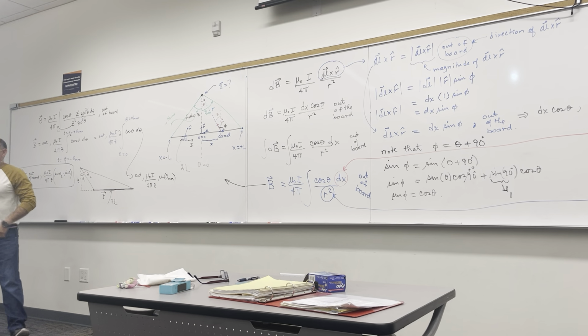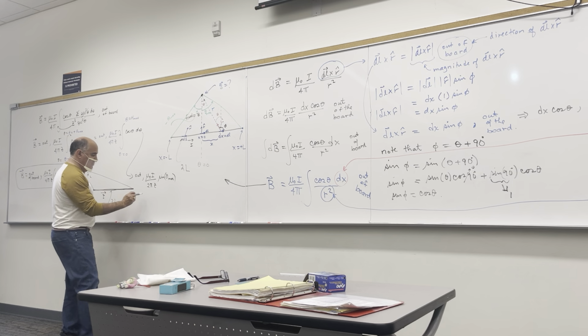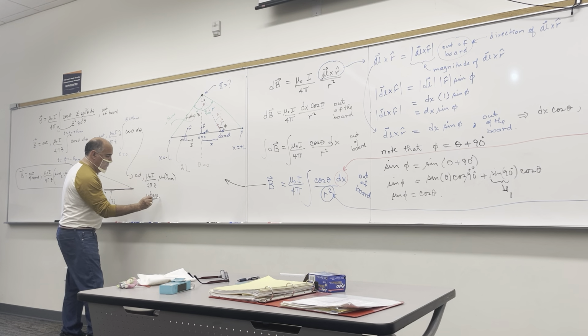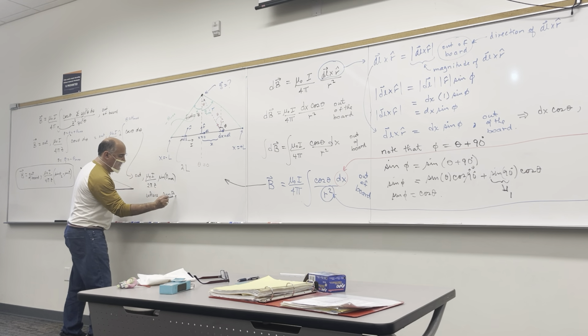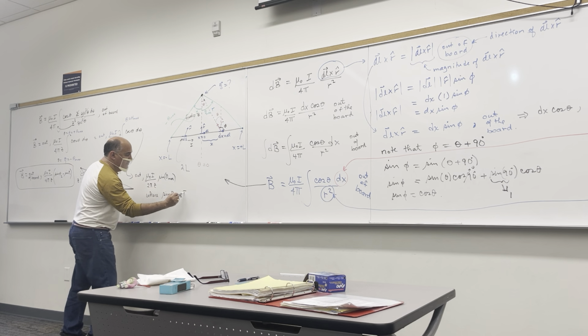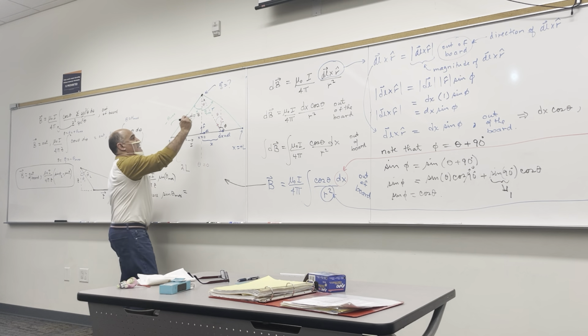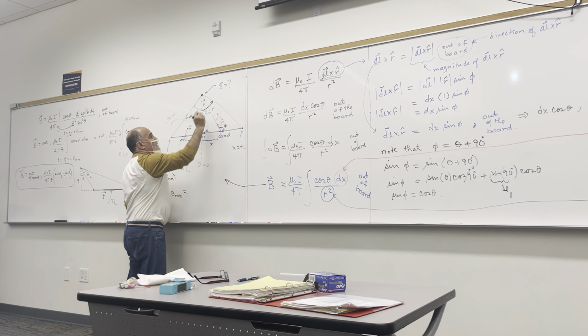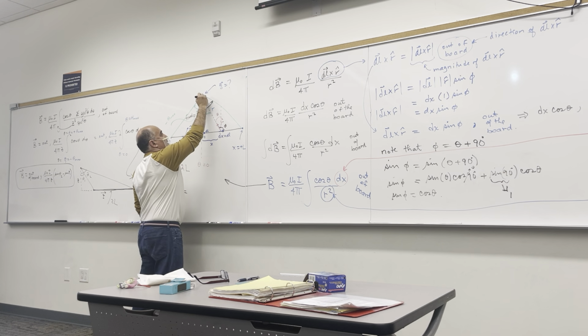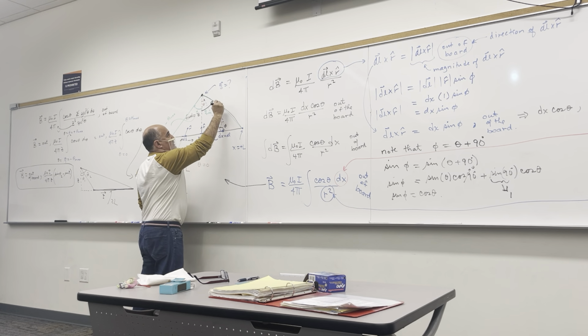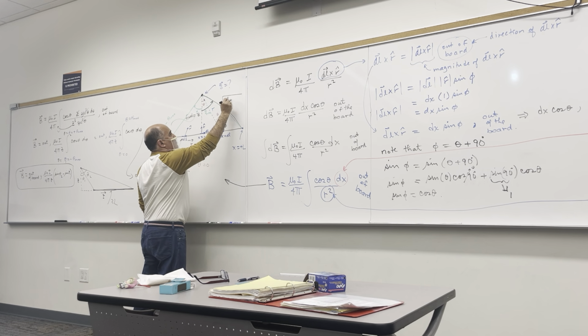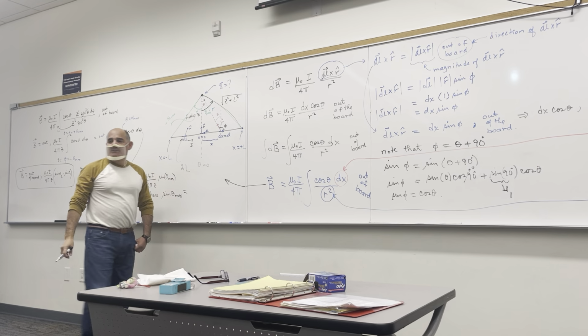Now, theta max was not given in the problem. So what is theta max? In fact, what is the sine of theta max? Well, this is theta max over here, right? And this length over here is the square root of z squared plus L squared, correct?